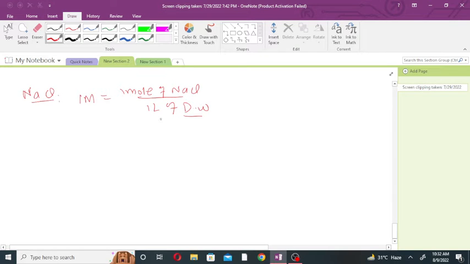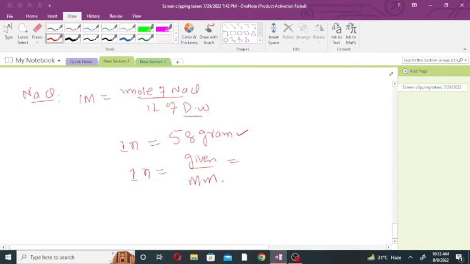So 1 mole of NaCl is equal to 58 gram, because we know that mole is equal to given mass divided by molecular mass. Suppose we are preparing 1 mole, so it will be 1.